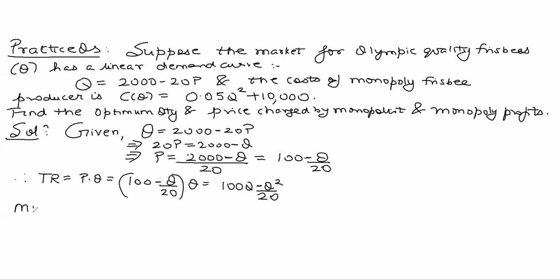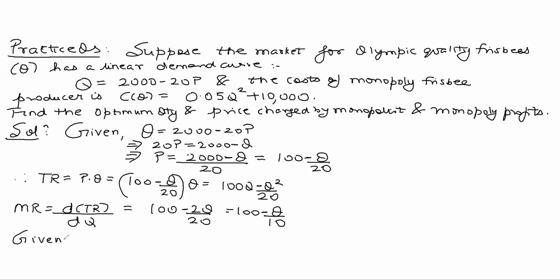Now, what will marginal revenue be? If I differentiate the total revenue with respect to Q, I get the marginal revenue. This is 100 - 2Q/20, which is equal to 100 - Q/10. This is my marginal revenue. Now, how will I find the marginal cost?